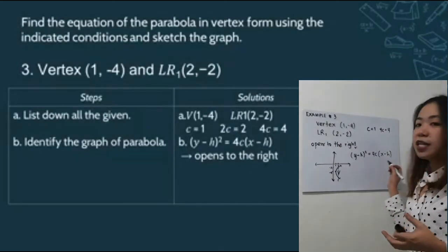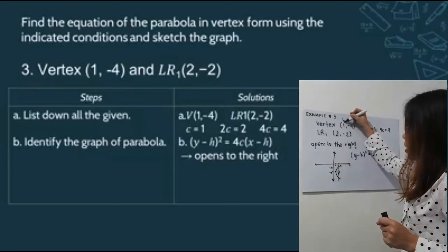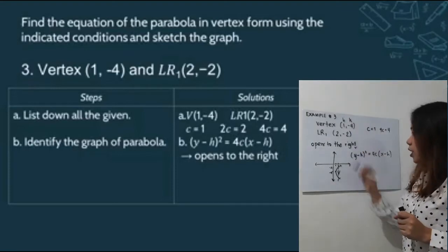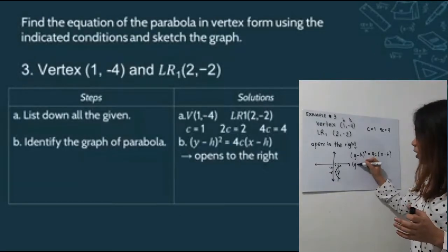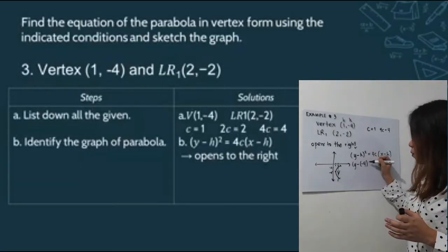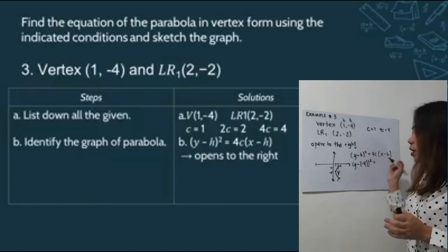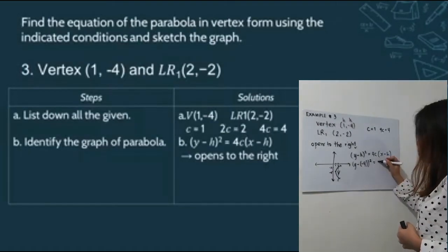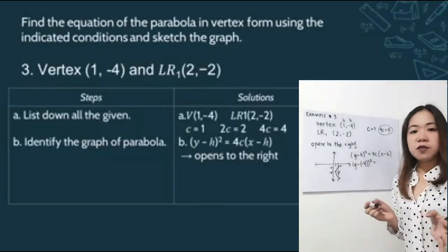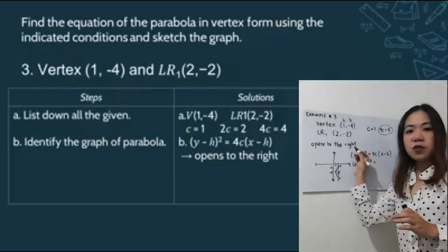We have (h, k), that is the vertex. So h is 1, k is negative 4. We'll have here the quantity of y minus negative 4 squared equals 4c, which is 4.